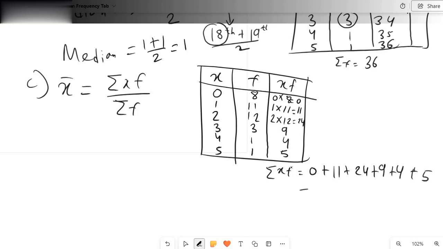So the sum of the product of the number of breakdowns and the frequency is 53. Therefore, the mean is going to be 53 divided by the total number, which is 36, or the summation of f, and the answer is going to be 1.47.